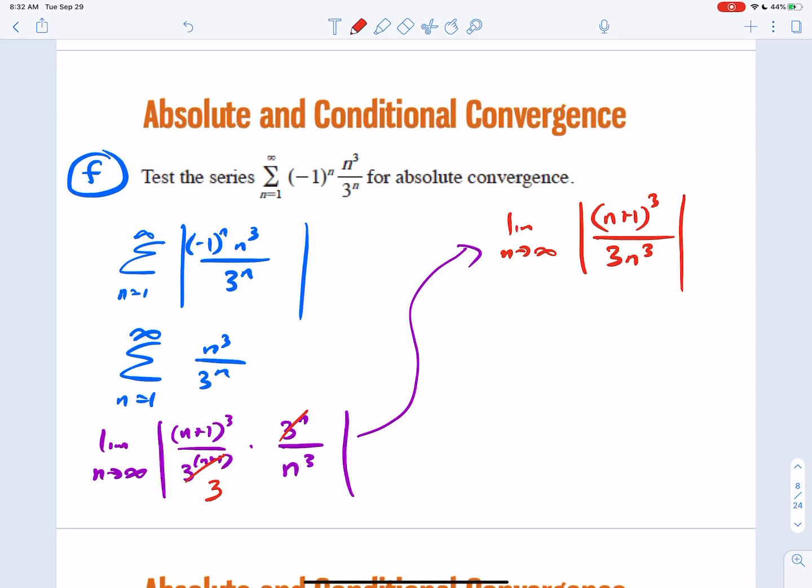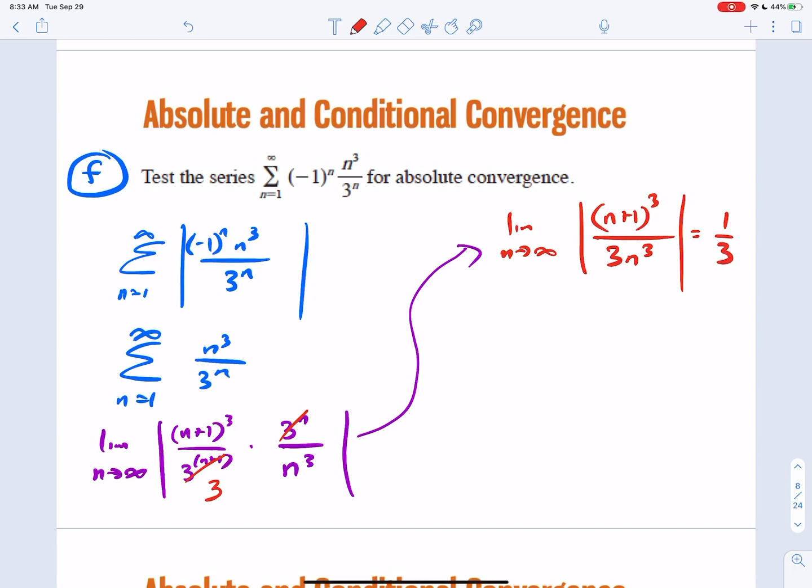Now remember, the numerator can be expanded out, but you're only paying attention to the largest degree term. Since they're both traveling at the same speed, if you will, you look at the coefficients. So this actually comes out to 1/3.